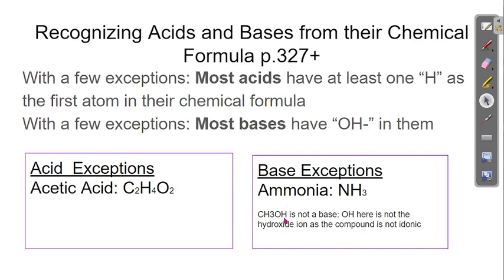So that's why sometimes the formulas are tricky, and it's better to follow those protons. Who's giving them away? Acid. Who's receiving them? Base. So you have a general statement here, most acids, most bases, but there's exceptions to the rules. So you may want to memorize those exceptions to the rules because you're going to see them in problems.